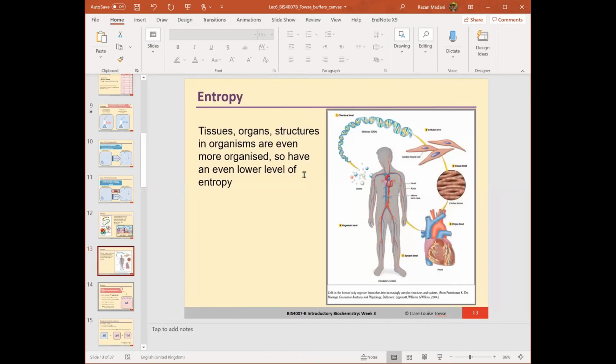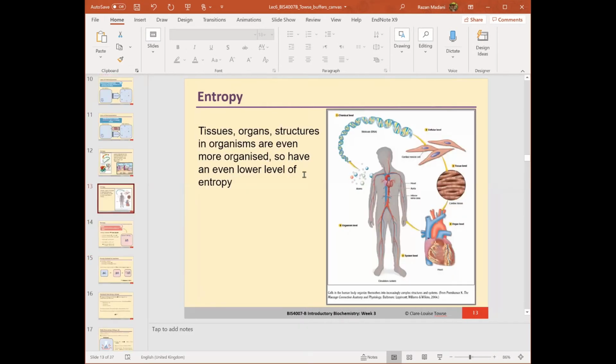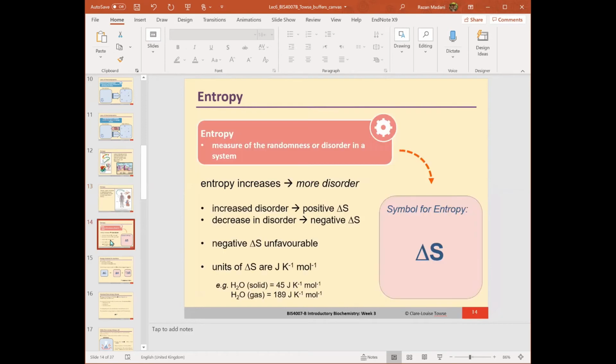Here it is just relating things to the human body. It's saying tissue and organ structures are even more organized, so we have an even lower level of entropy. Does that make sense? Yeah, it does, because they are so compact. Entropy measures the randomness or disorder in a system.